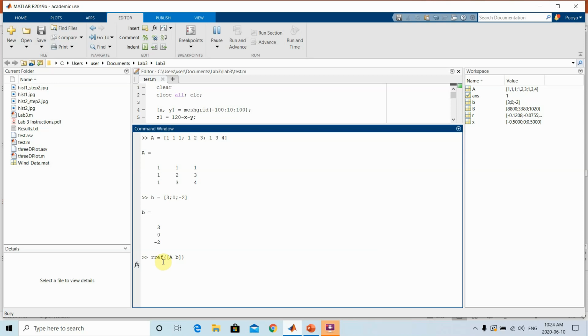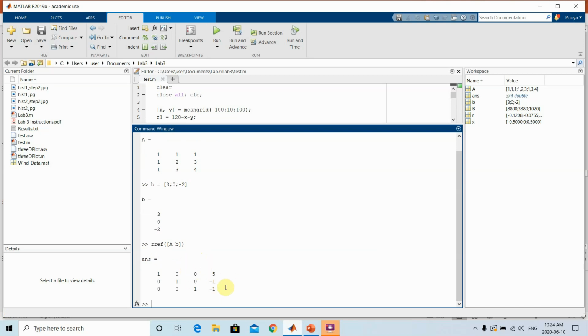Let's see what solution the system gives us. Okay, so this is the reduced row echelon form of the augmented matrix AB, right?